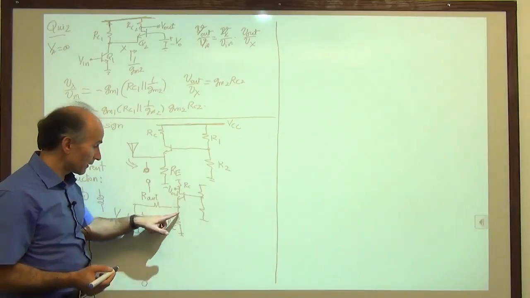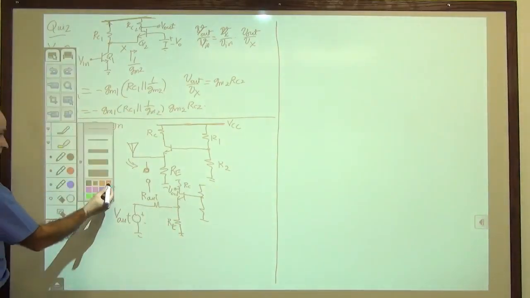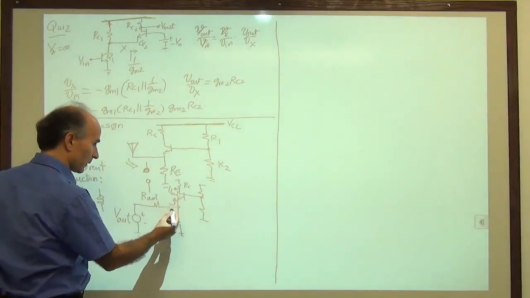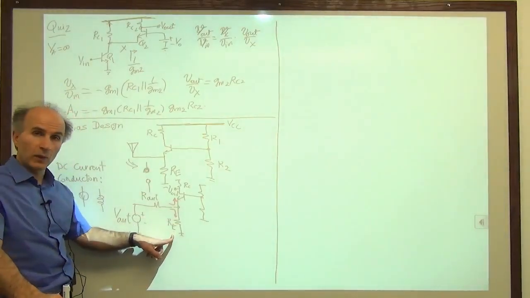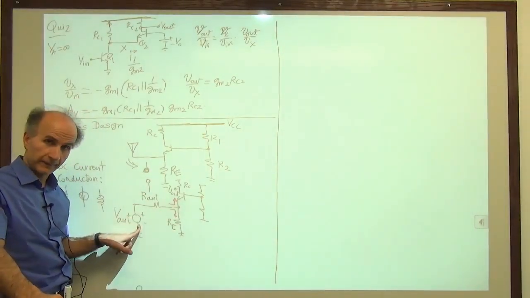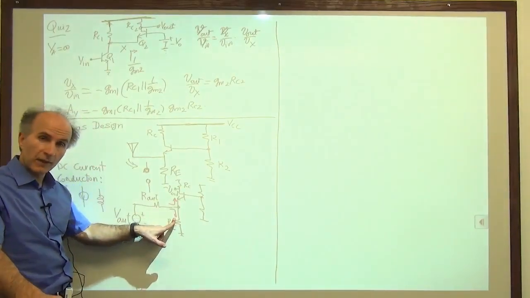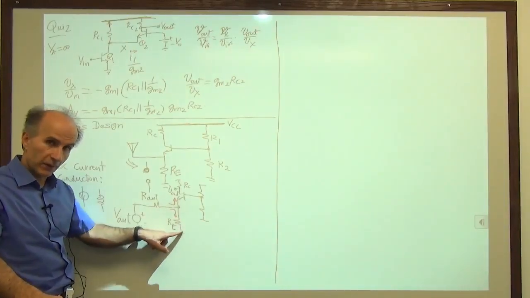All right, so if this current is wasted, let me change the color of my pen so that I can show you this current. So there's a current going this way, there's a current going this way. And the current that's going down through RE is wasted, the signal current. Now, how do I minimize this wasted current? I would like to maximize this resistor.